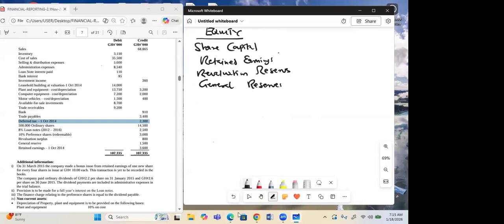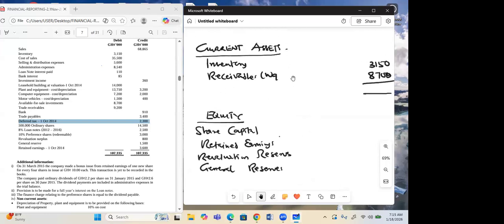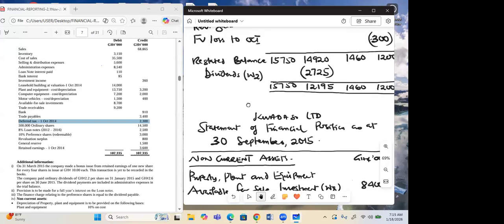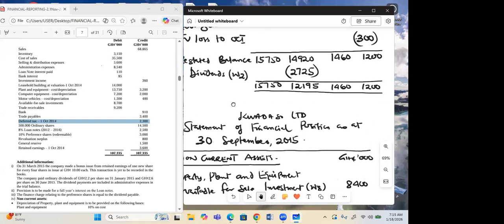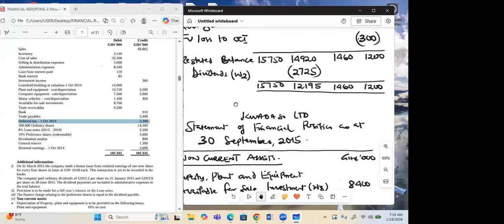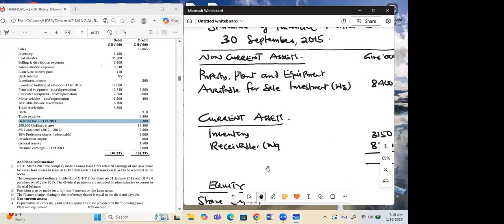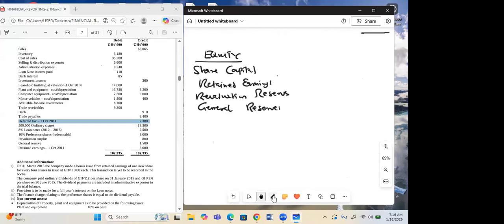So let's check and get the figures right. From our statement of changes in equity, share capital is 15,750. Retained earnings 12,195.